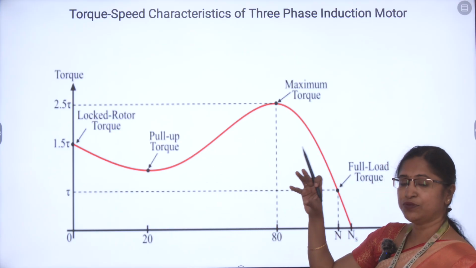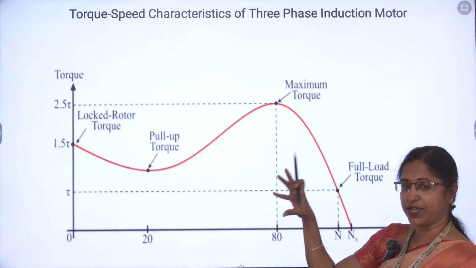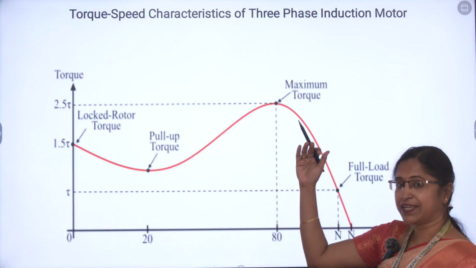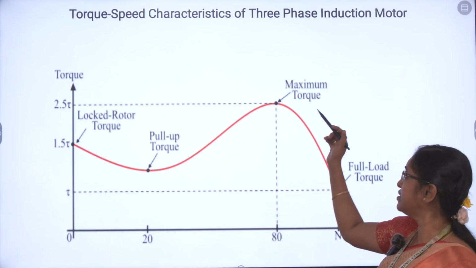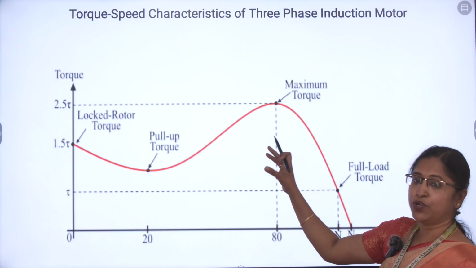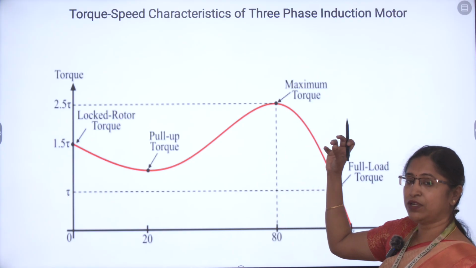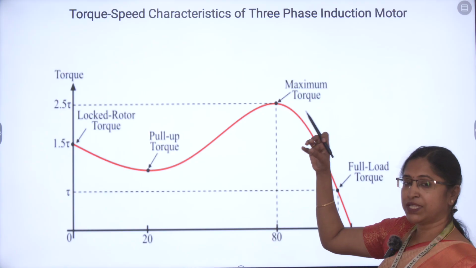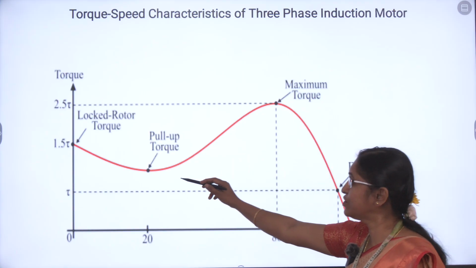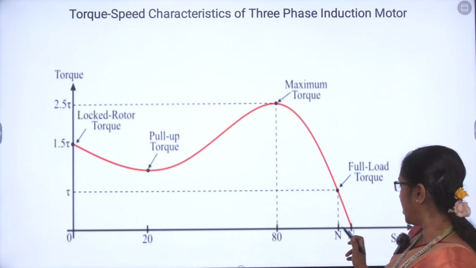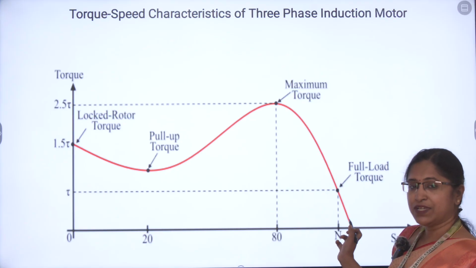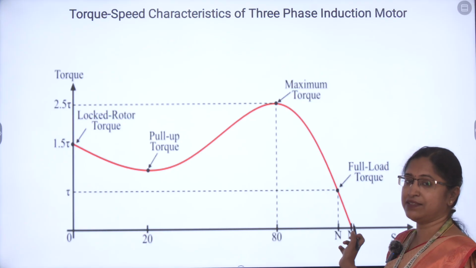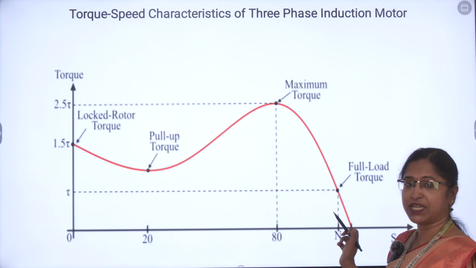Initially the torque will be 1.5 times the full load torque, and it gets reduced and then increases to the maximum value. The load tries to pull, so based on that the torque reduces and increases, and that is called the pull-up torque. The motor tries to run at synchronous speed, but it never reaches Ns.